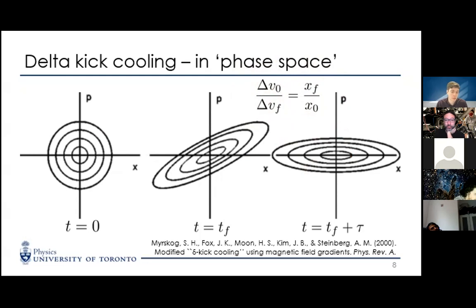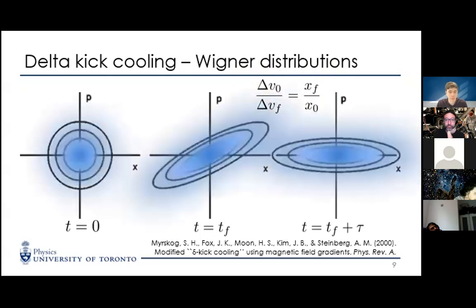A quantum mechanical treatment basically yields the same results. In particular, the Wigner distribution in a harmonic oscillator and in free space is identical to that of the classical case. And so if I wanted to look at the Wigner distribution here, all I have to do is really shade in these phase space trajectories.